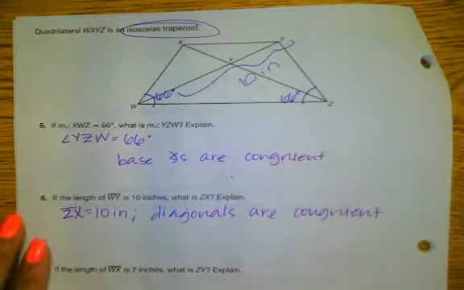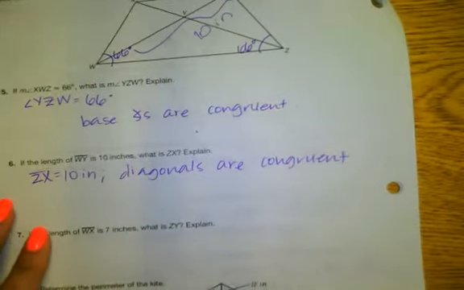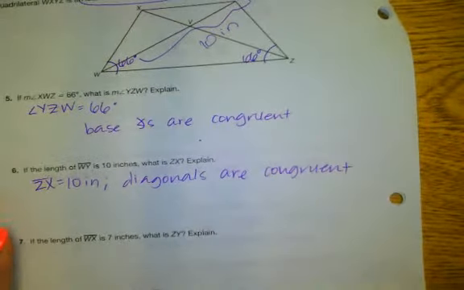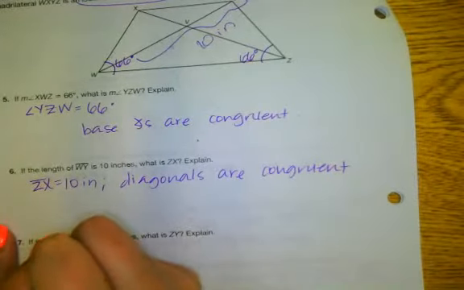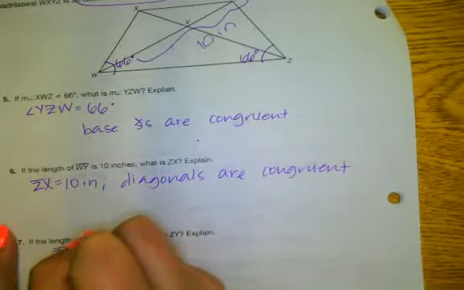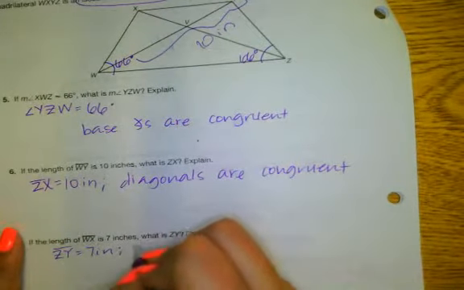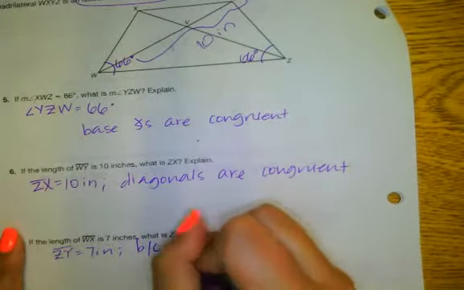Okay, if WX is 7 inches, what is ZY? Why? Okay, because it's an isosceles trapezoid, legs are congruent.